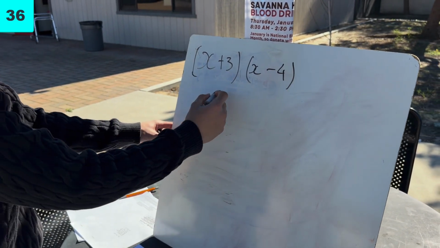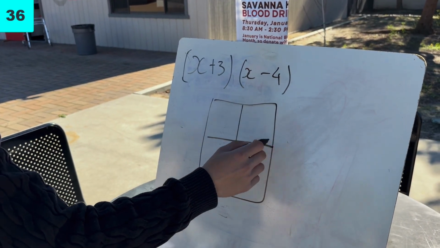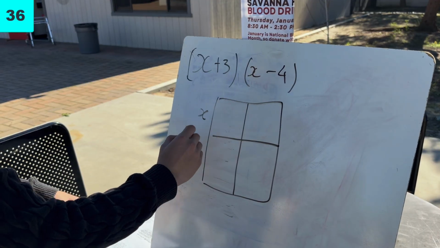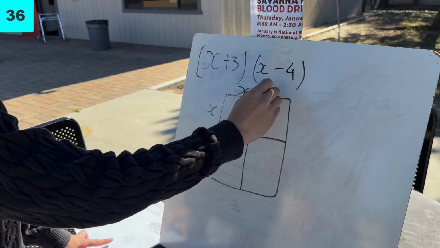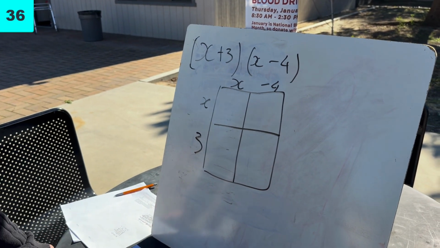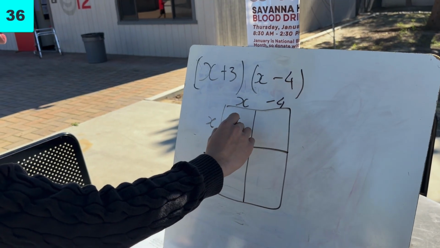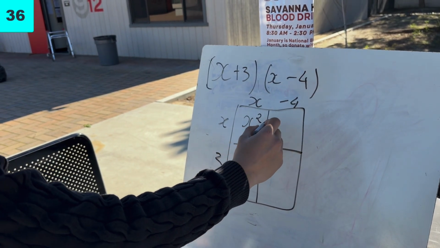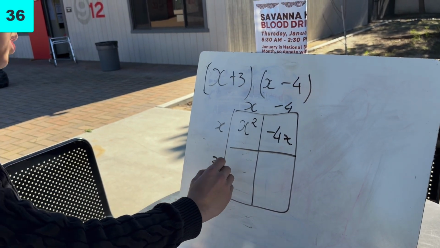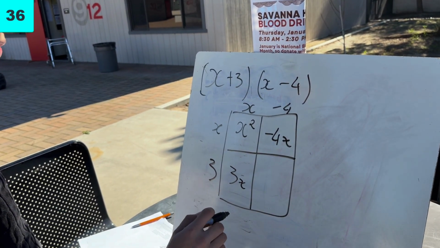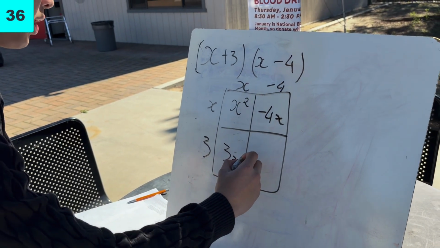So first we need the variables. x and 3. And then x and negative 4. So we need to multiply: x times x is x squared, and x times negative 4 is negative 4x, and 3 times x is 3x, and 3 times negative 4 is negative 12.